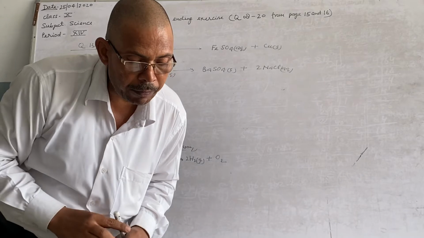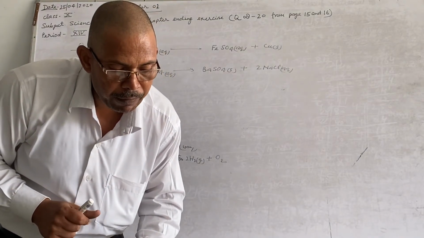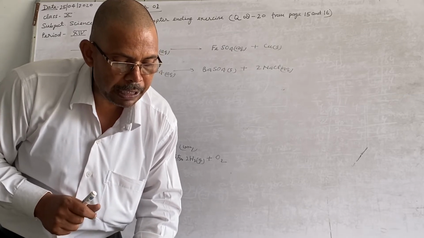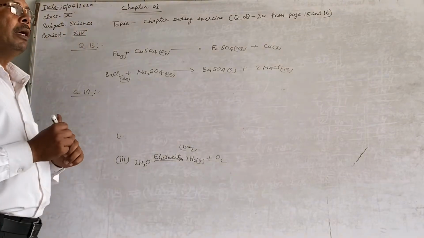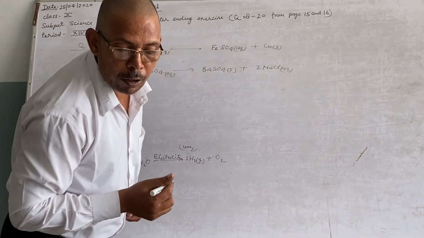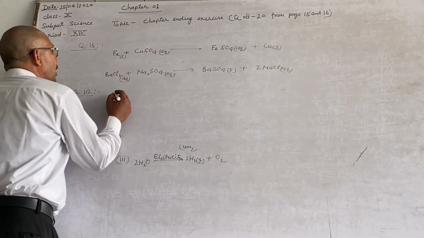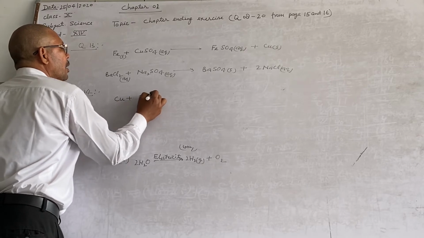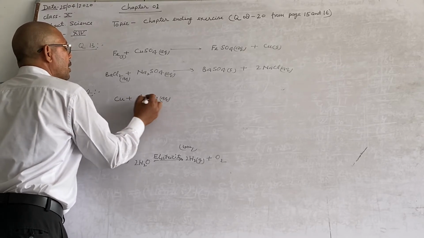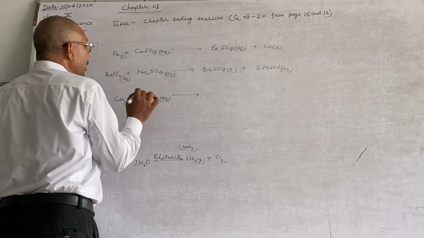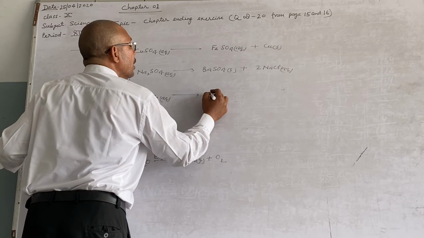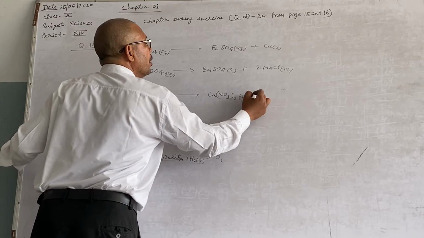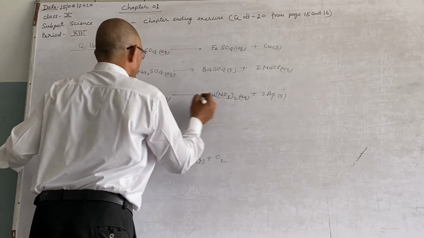In the refining of silver, the recovery of silver from silver nitrate solution involved the displacement by copper metal. Write down the reaction involved. In this reaction, copper metal displaces silver from silver nitrate solution because copper is more reactive than silver. Cu plus 2AgNO3 gives Cu(NO3)2 aqueous plus 2Ag solid.